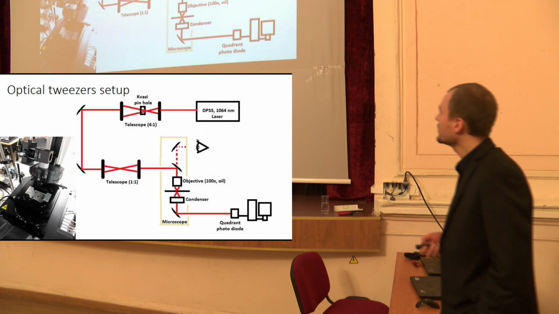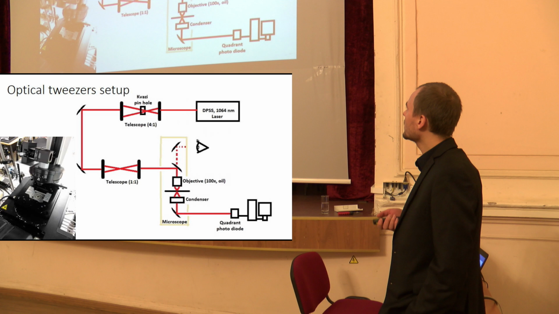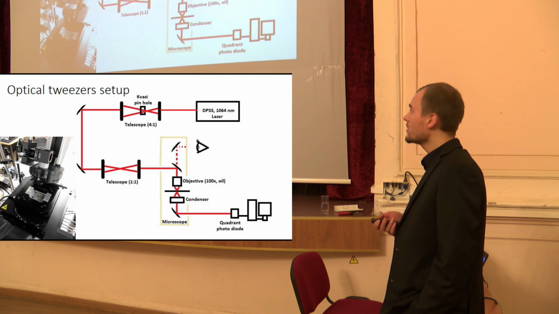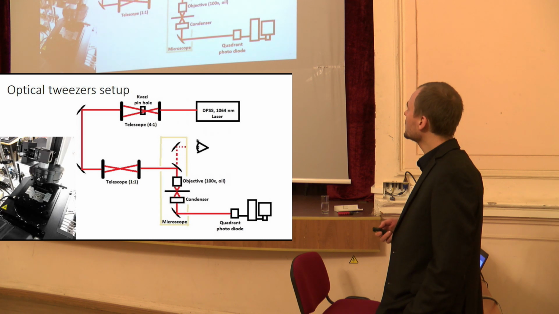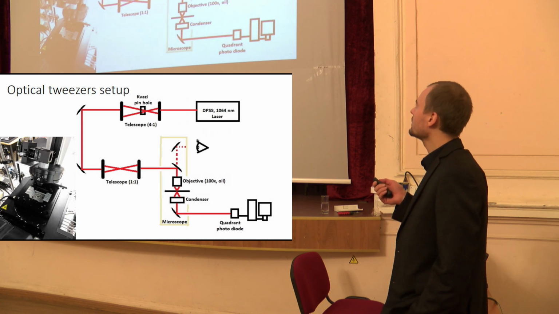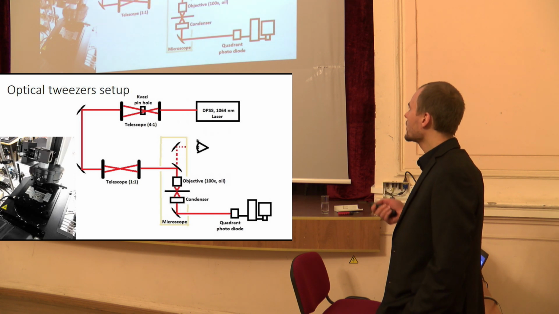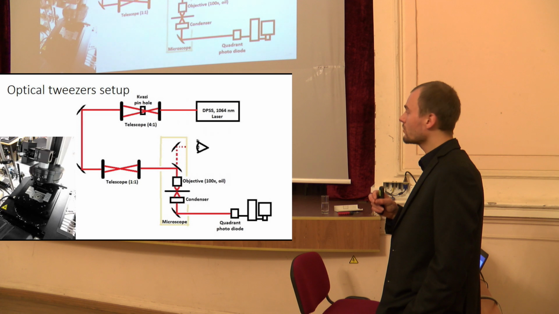So the setup looks something like this. Here's a laser in the infrared region, 1064 nanometers. It goes through a telescope with a lens ratio of 4:1 to increase the diameter of the beam.